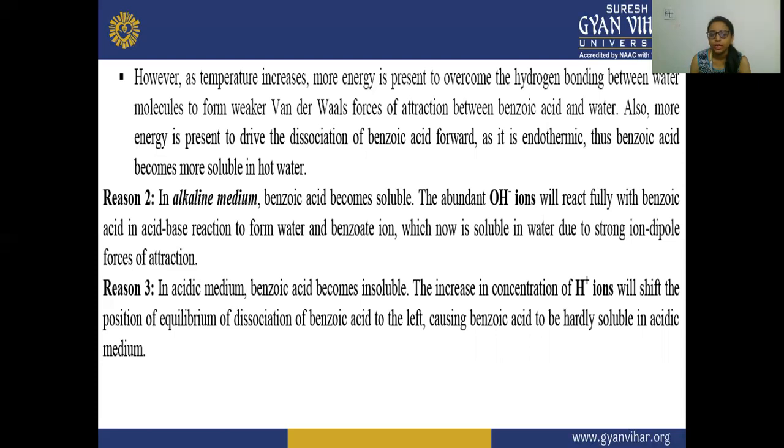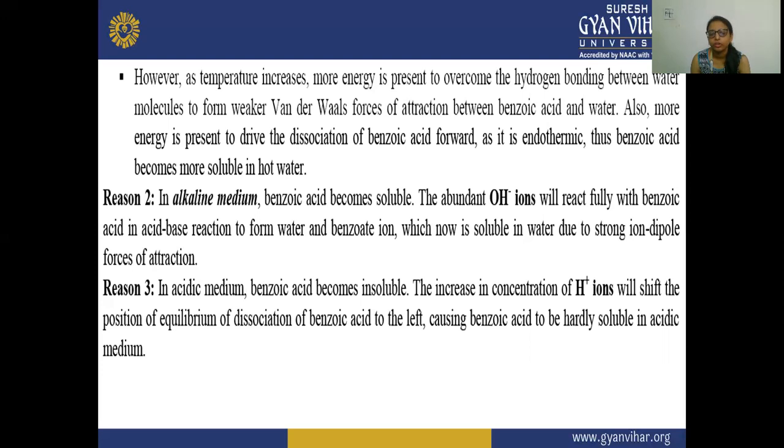Benzoic acid is soluble in the alkaline medium because of the abundant OH ion present in the alkaline solution that will react with benzoic acid in an acid-base reaction, and there is a formation of water and benzoate ion, which is now soluble in water due to the strong ion-dipole forces of attraction.